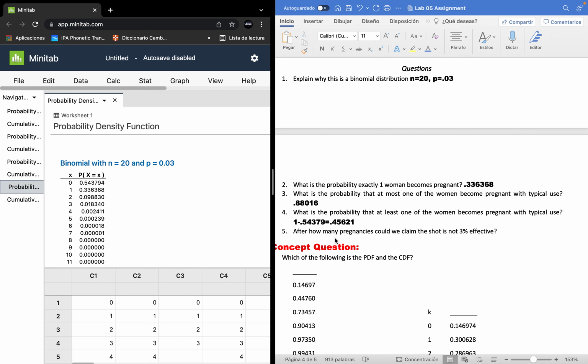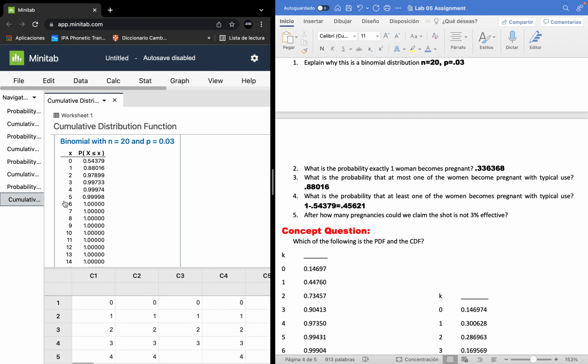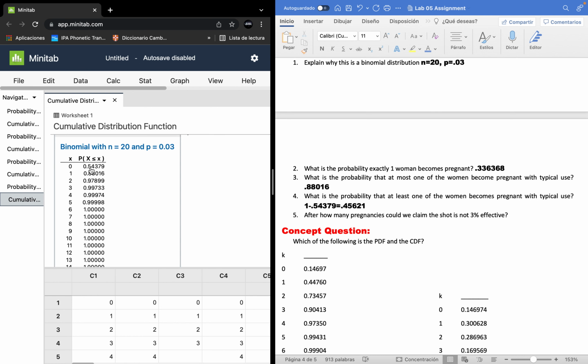And then, after how many pregnancies could we claim that the shot is not 3% effective? So here you will have to look at the cumulative and see from what success the difference is less than 3%. Notice from 0.54 to 0.88 obviously is more than 0.03. From 0.88 to 0.97 is more than 0.03.